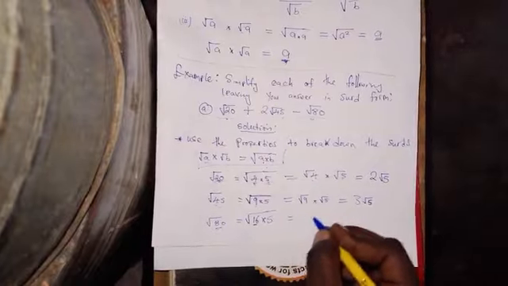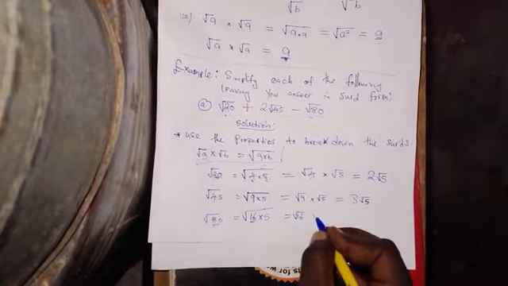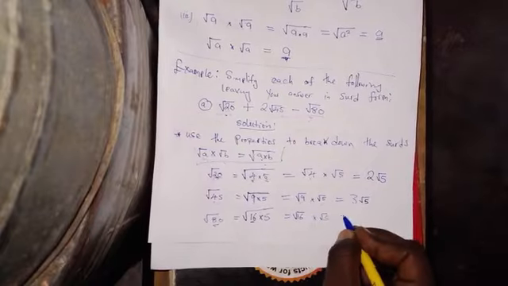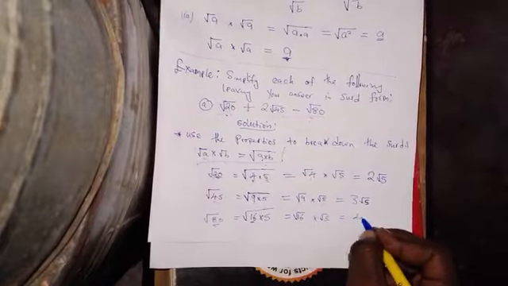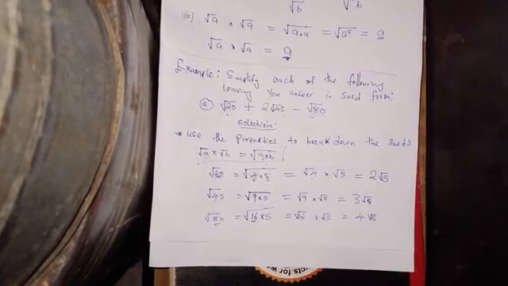So this is basically the root of 16 multiplied by the root of 5. The root of 16 is a 4. Root of 5 remains the way it is because it is the surd.